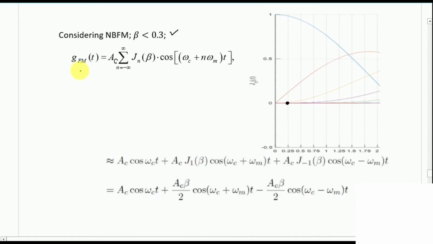And from our previous discussion, we have said that phi_FM of t is equal to AC times the summation of the Bessel functions and the cos function, right? So at this value of beta, we have a beta here.